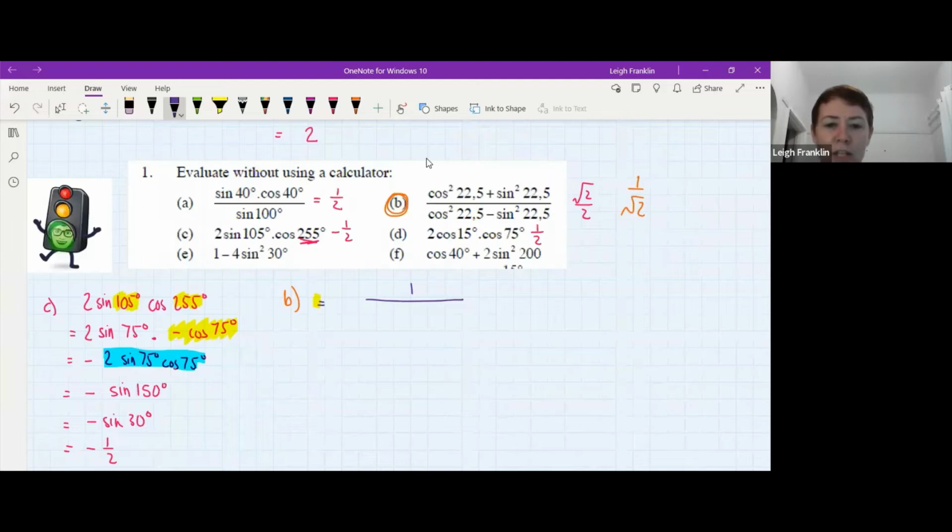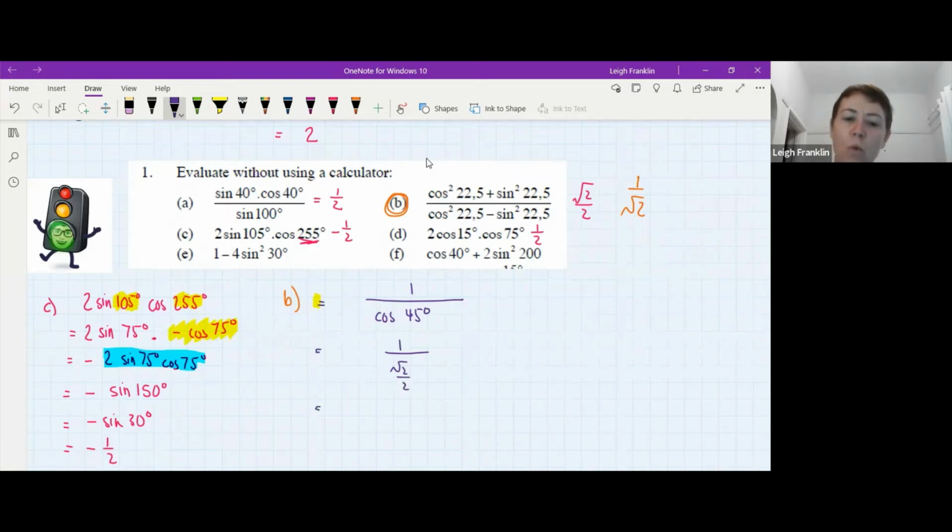Okay, cos squared 22.5 minus sine squared 22.5 is our cosine double angle formula. Okay, so this is going to become cos 45. Does that make sense? It's a cosine double angle. And the cos of 45 is root 2 over 2.